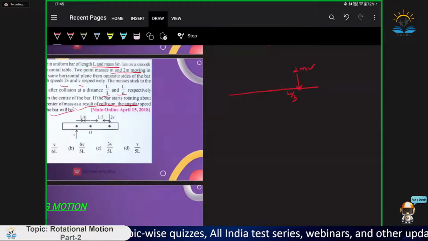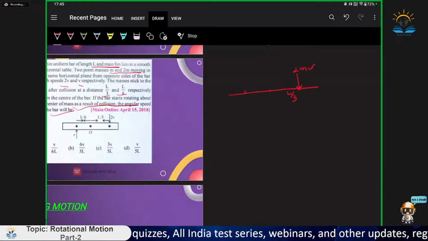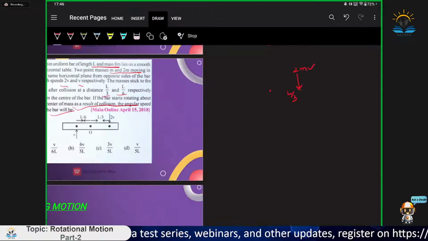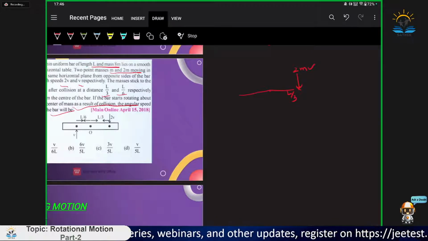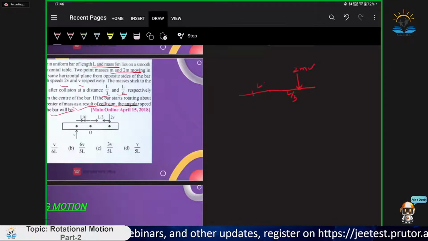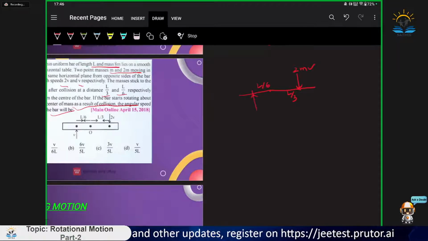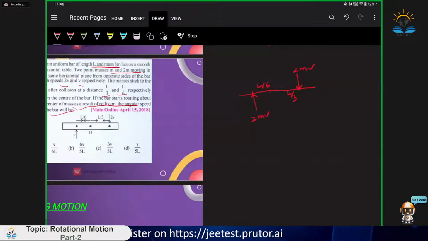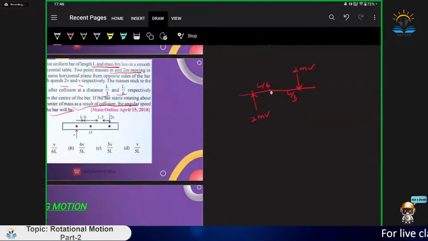And at L/6 distance, mass 2m with velocity v, so again here also the momentum is 2mv. This is the center, the O point.